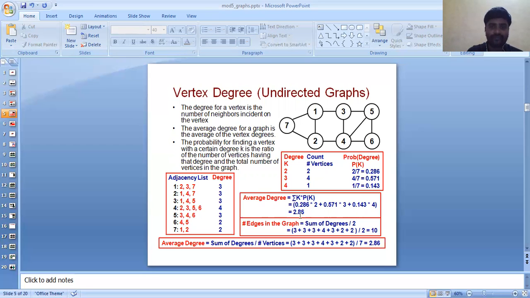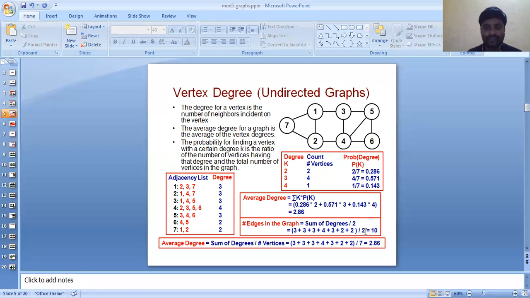At the same time, the number of edges in the graph is the sum of the degrees divided by 2. We see here the degrees of the undirected graph. Then we can calculate the edges in the graph: 3 plus 3, 4 plus 3 plus 2 plus 2, divided by 2, is equal to 10.